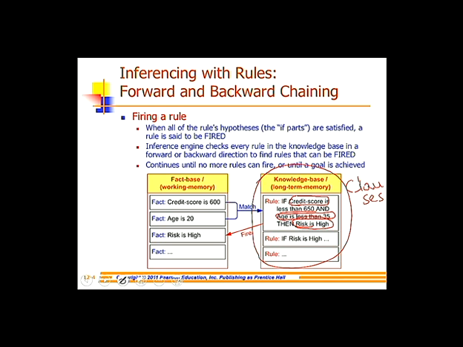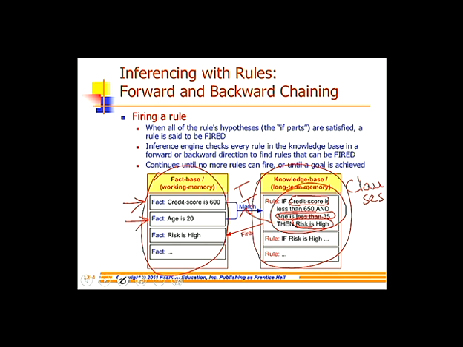This is the current problem, the working memory, and we have been given the fact credit score is 600 and age is 20. Now if I look at this rule, both pieces of information, both the clauses, are known. Credit score is less than 650, so the first clause is true, and age is less than 35, this is also true.